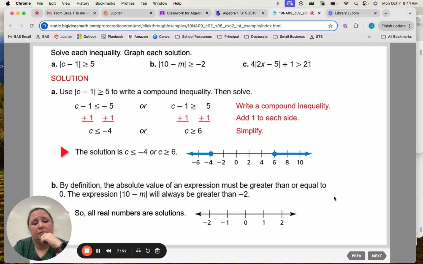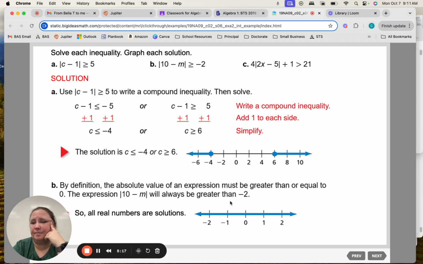So this is another example of one you don't have to solve, because every absolute value has to be a positive number. So all answers in here will turn out to be positive. You just say all real numbers. All real numbers is all you have to say.